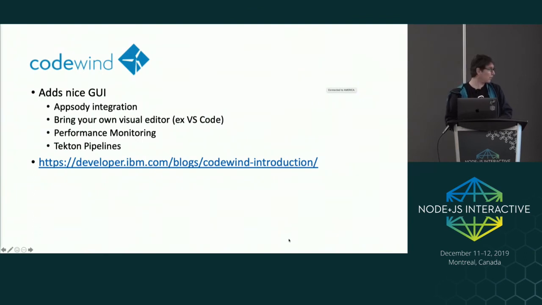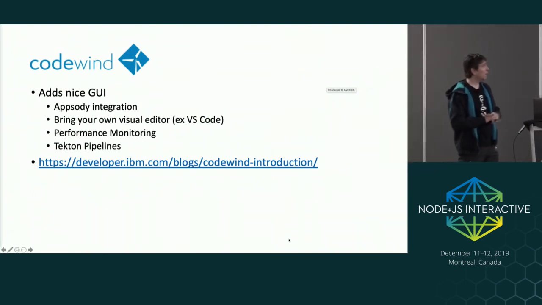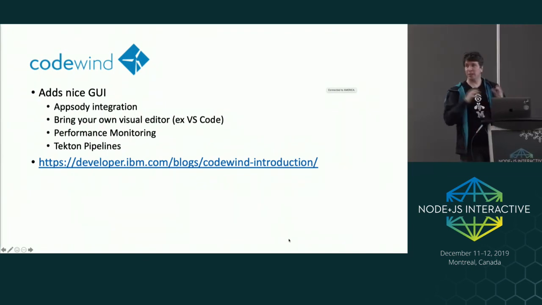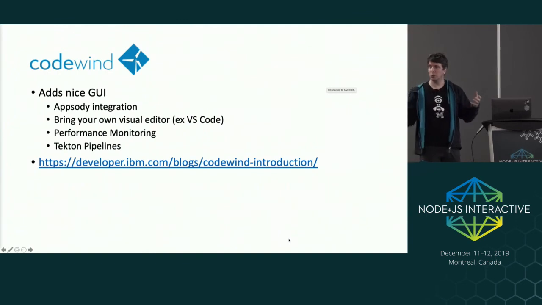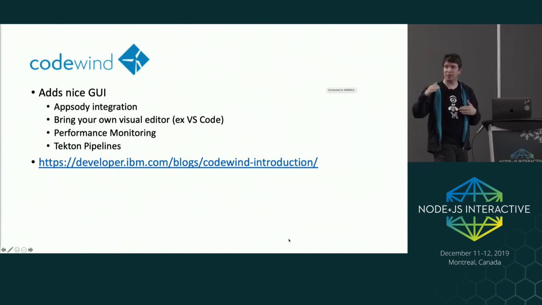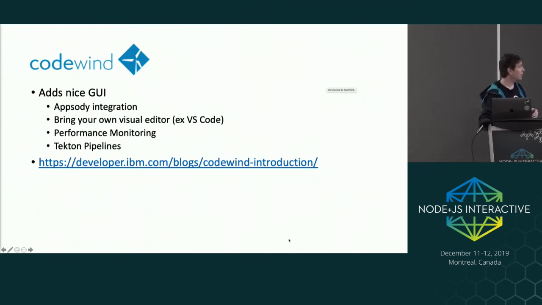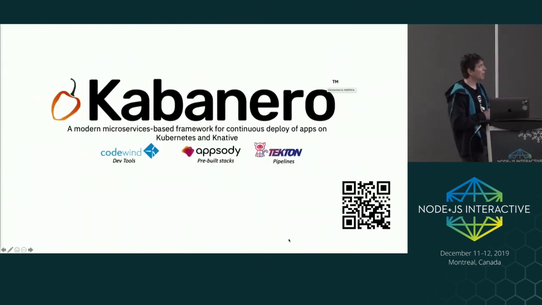So that's Appsody. The next thing I just want to mention, another open source project is Codewind. This brings a nice UI on top of Appsody, as well as some other things like integration with Tekton pipelines, some performance monitoring. It's a bring your own editor, so you can use Visual Studio Code or bring your own editor. Kind of provides that next layer if you like to work with user interfaces as opposed to the command line.